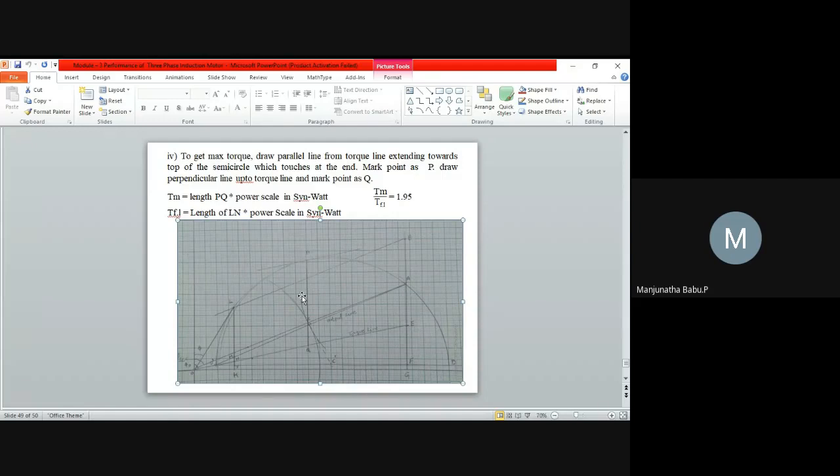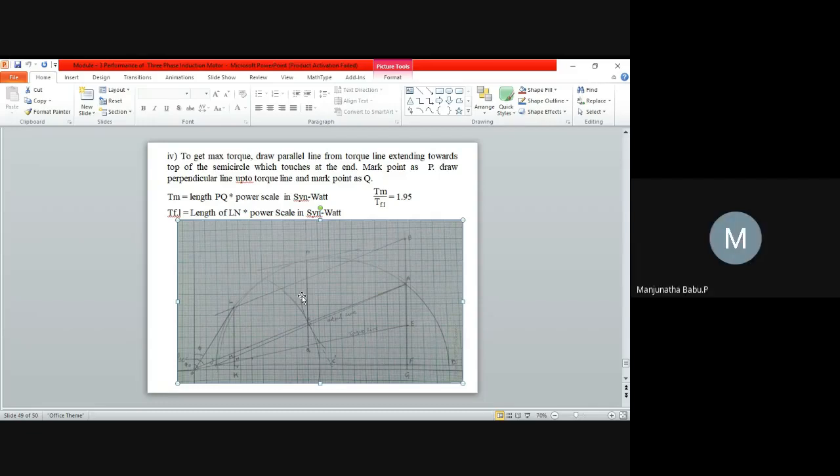It is 7.5. Similarly, find the length of LN. Already, I think you are done. Length of LN you have found, some 4.2 or 4.3. Now you divide these two values, 7.5 divided by 4.3, that is 1.74.